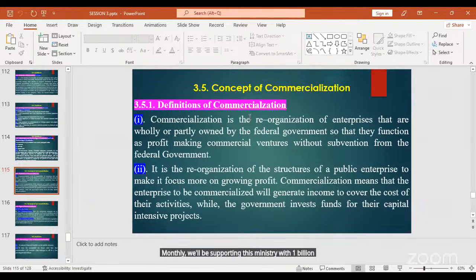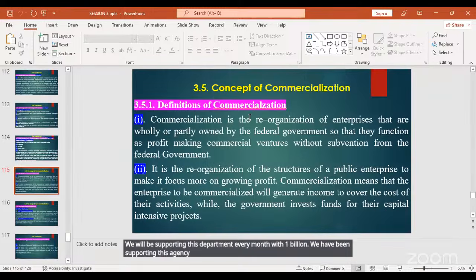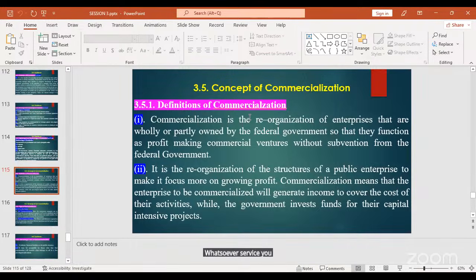We'll be supporting this department every month with 1 billion. We will be supporting this agency 1 billion every month. Say, no, we are no longer going to support your agency again with any money. Whatever service you are offering now, begin to charge money for it, to cover your costs at least.